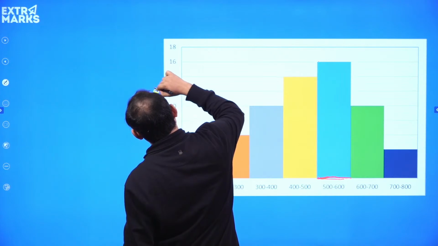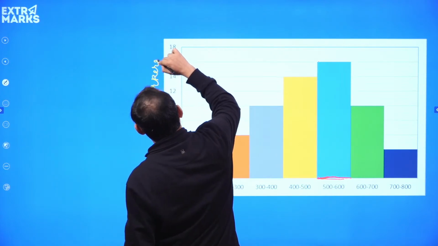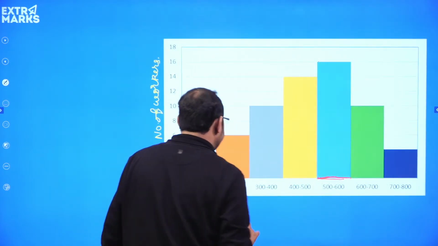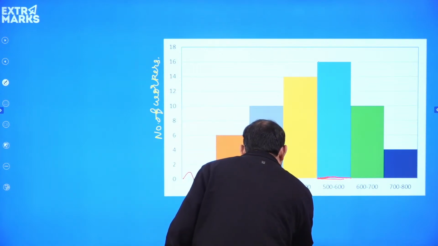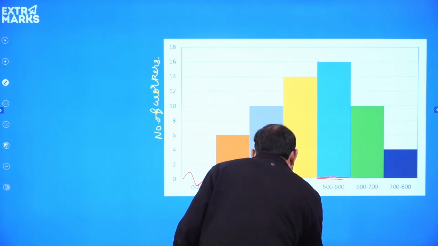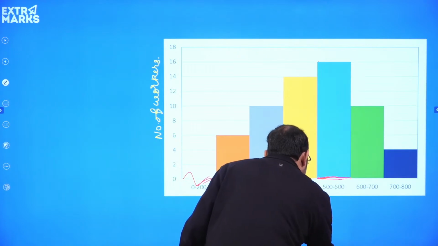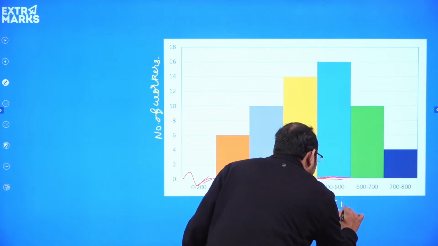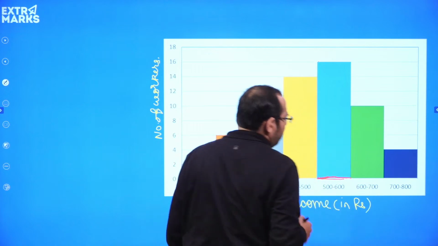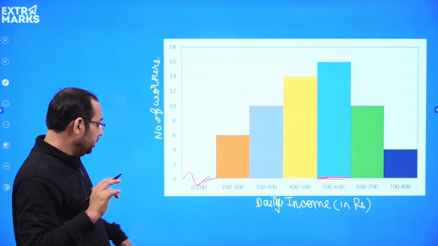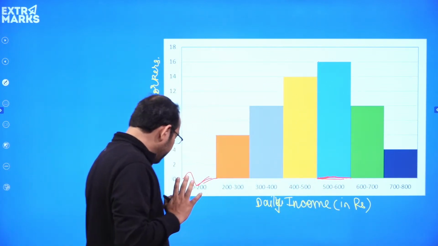Okay, like this. Here you should have written daily income in rupees. All these things matter. Okay, if you skip all this you will lose marks. Okay, Rs or rupee symbol both will work. Okay, these are two important things.